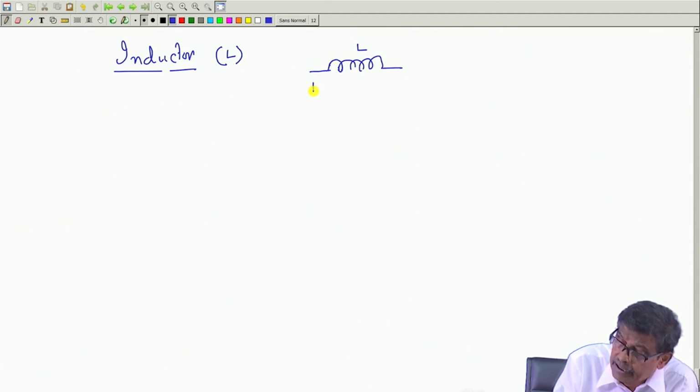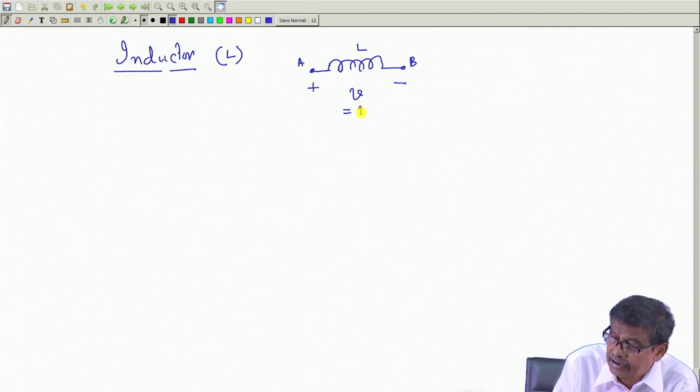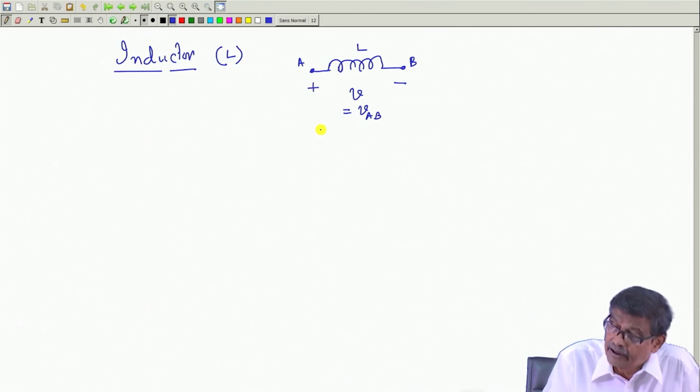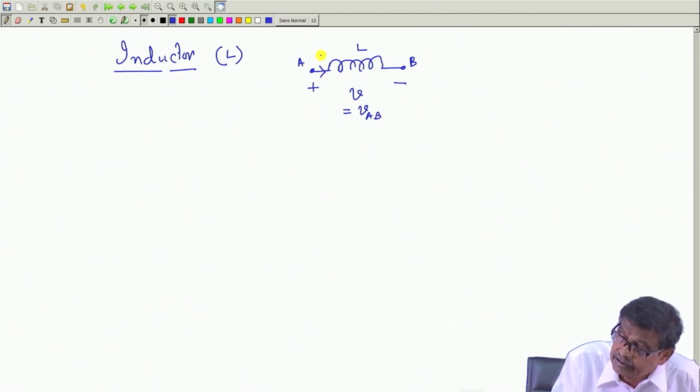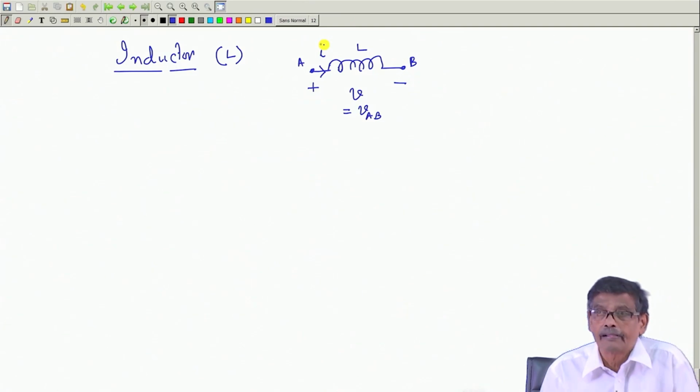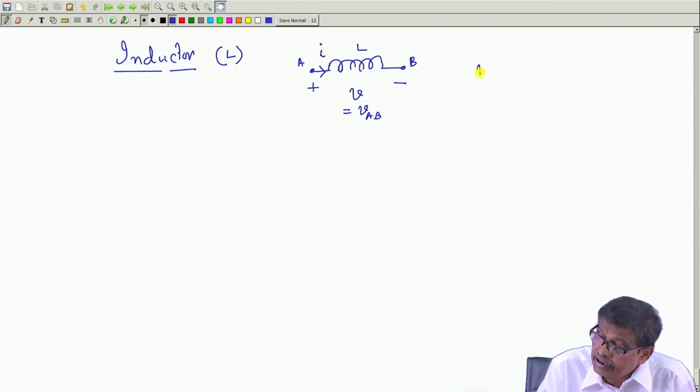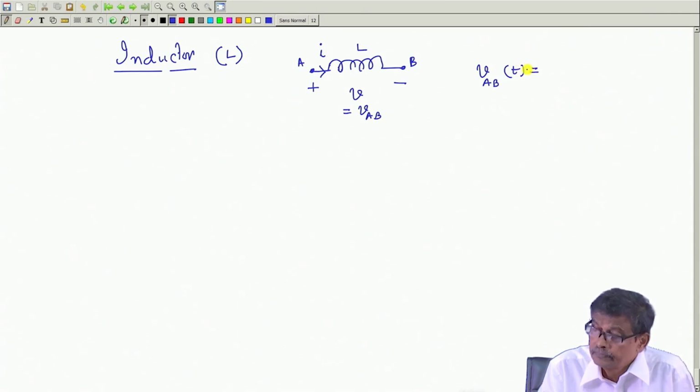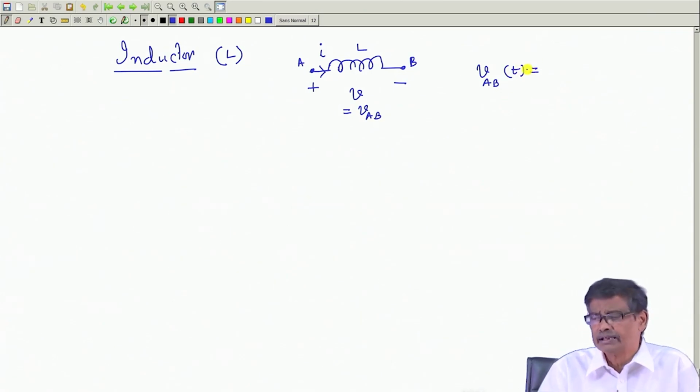Now, if you apply a voltage across it, that is V, and if you want to write with respect to potential difference, since I have written plus, we are telling that I am concerned about this voltage VAB I have applied, and current I will always assume it is entering through the plus. Then the voltage across this inductance, v_AB(t), small letters, let it be time varying, I do not care.